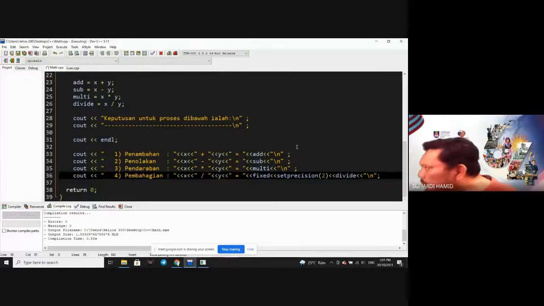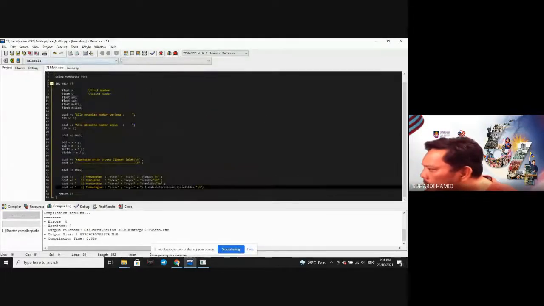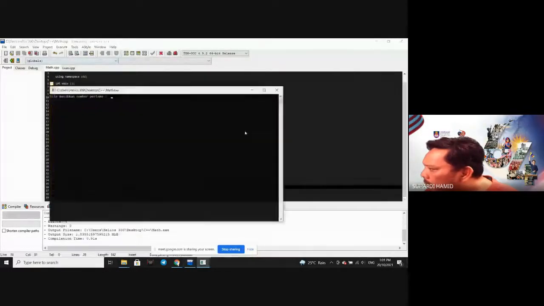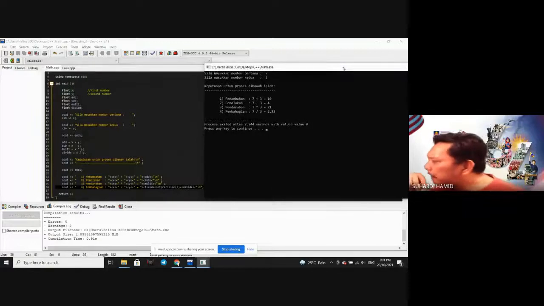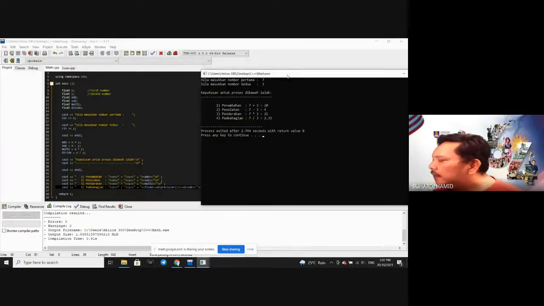And try to compile and run. There you go. There's another thing: to make the input slightly distant apart, press enter.